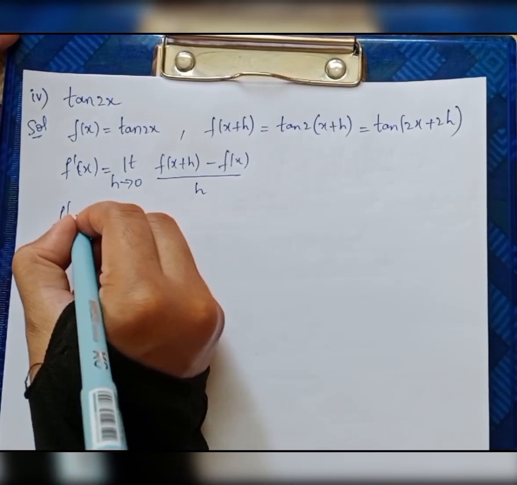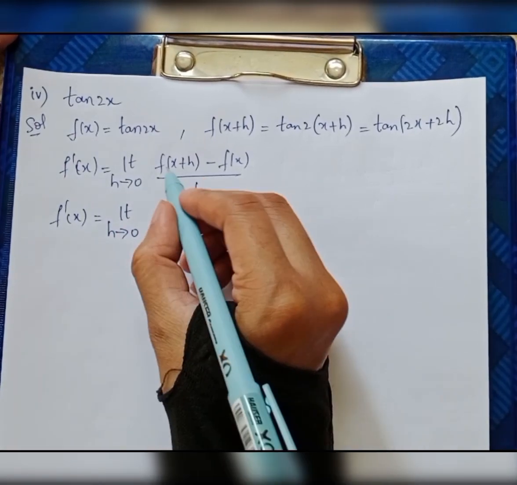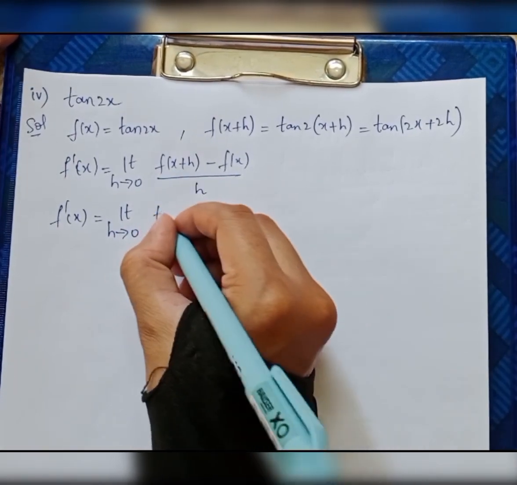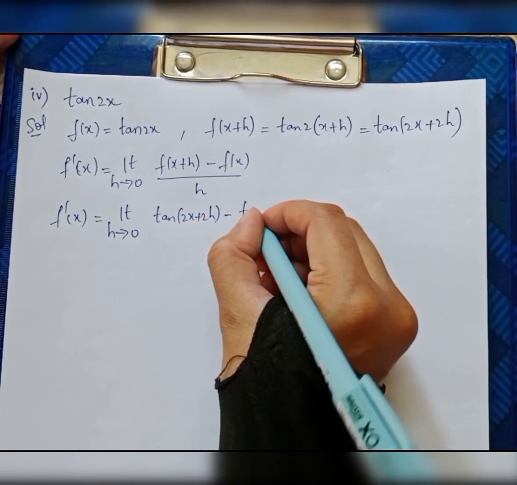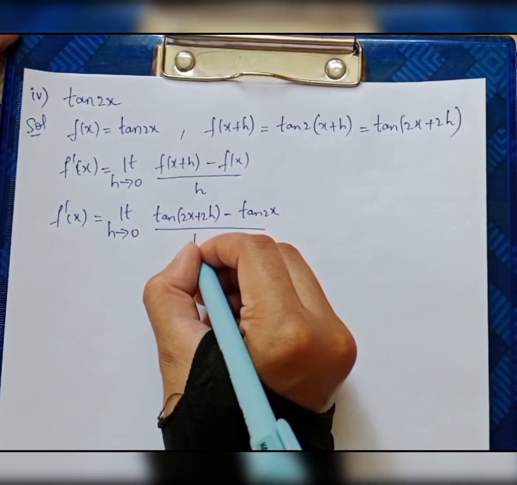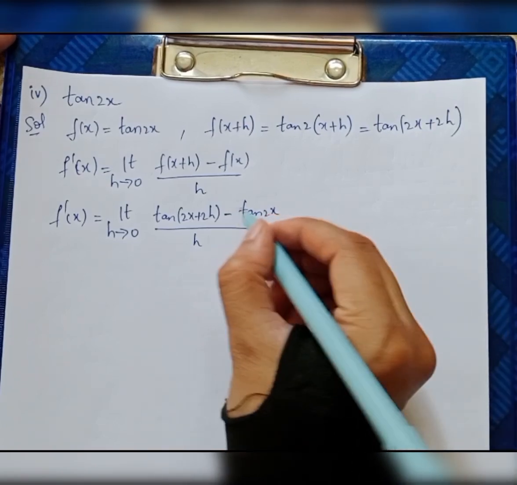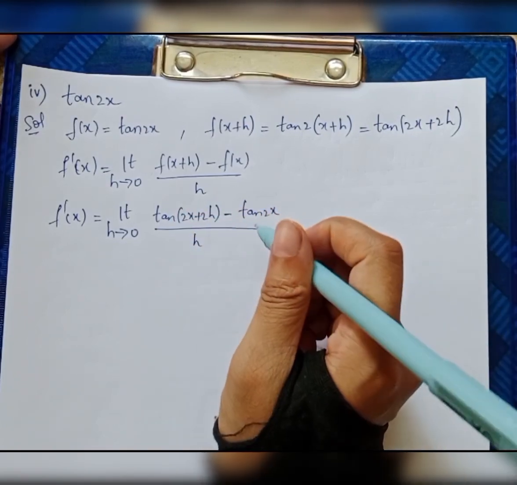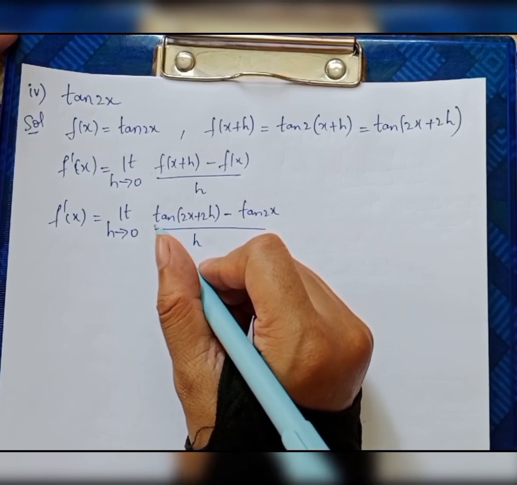Substituting the values, f'(x) equals limit h tends to 0, f(x + h) value is tan(2x + 2h) minus tan 2x by h. In order to solve the first principle sum, the given function should be in terms of sine and cos. So we have to convert tan in terms of sine and cos.